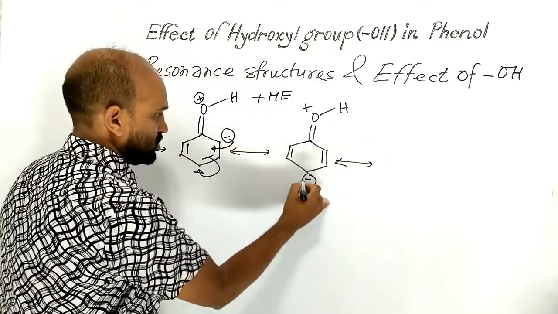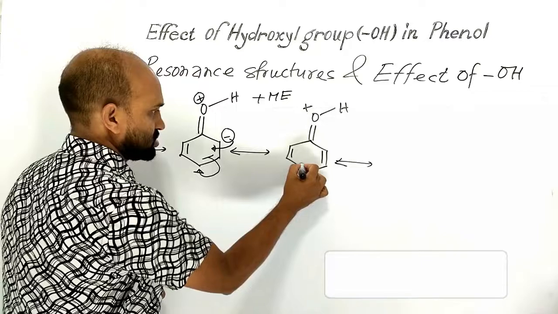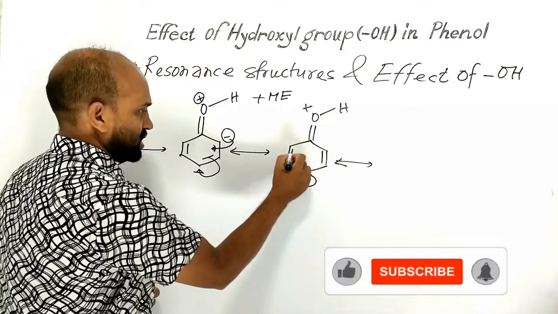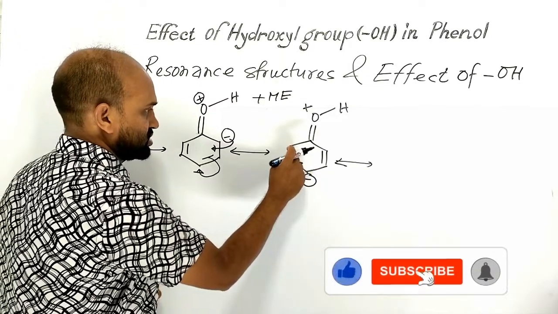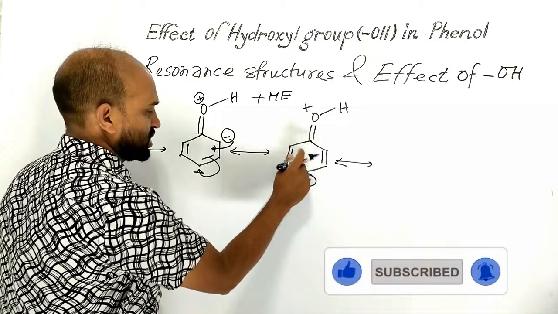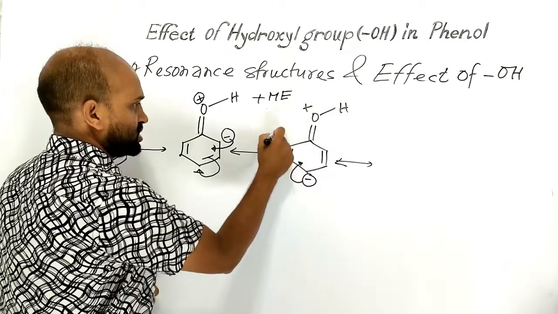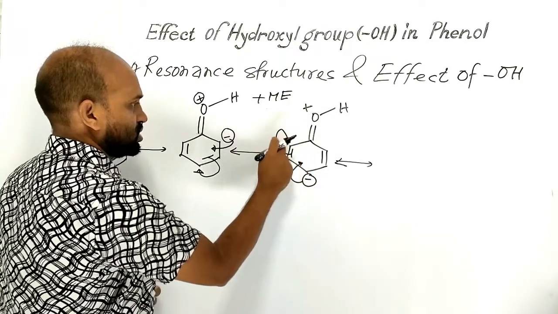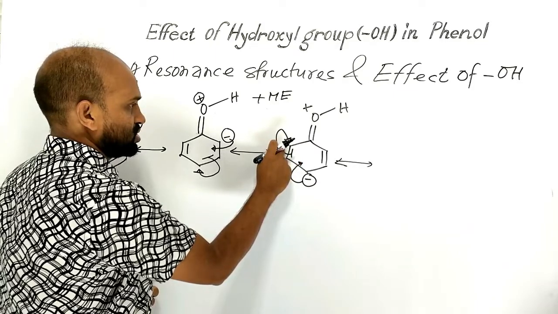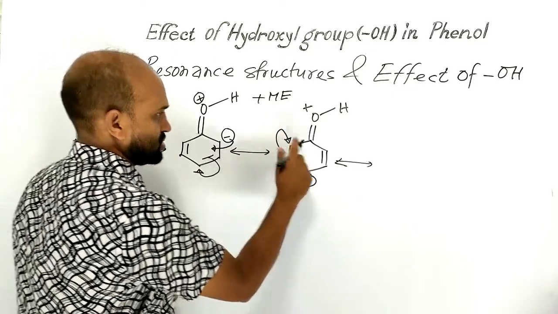Similarly, this lone pair of electrons turn into bond pair, and to diminish this electron-electron repulsion, these pi bonded electrons turn into lone pair of electrons over this carbon.